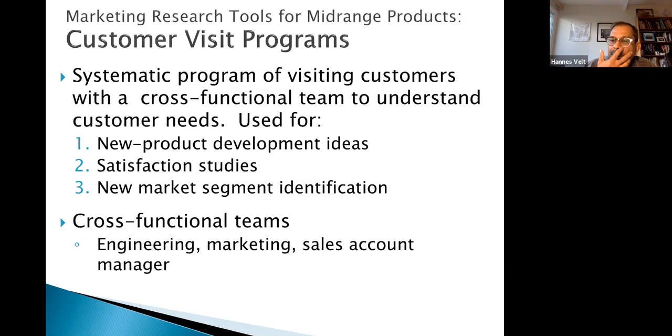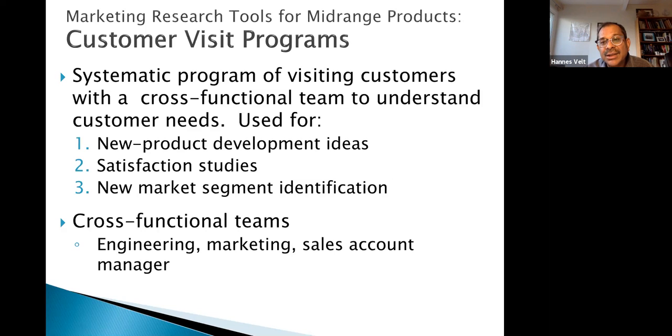Most of the examples perhaps are B2B, but consider even a toy company which brings out some new toys. Take Lego, for example. Lego will let children play with their blocks and videotape them with permission to see what kinds of structures they are building and how long an attention span they're able to spend involved in that kind of construction.